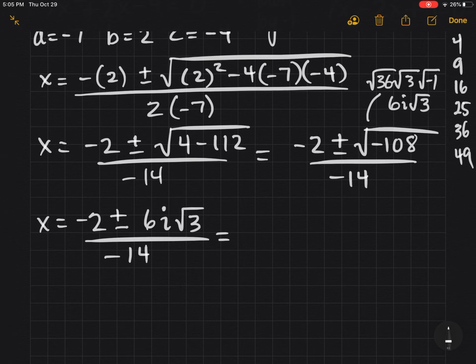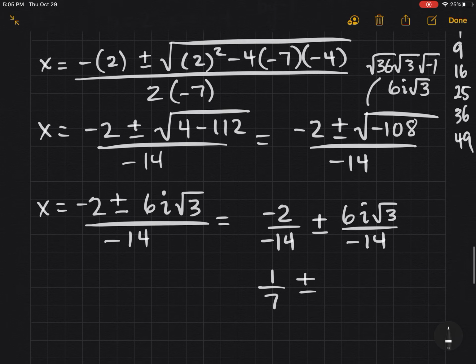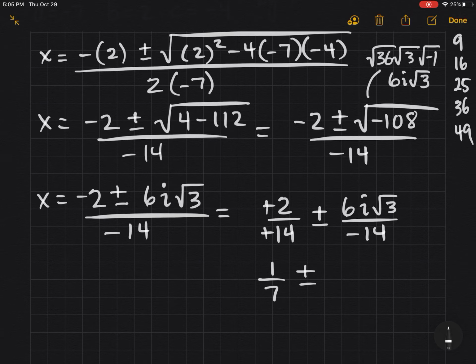I'm faced with reducing. Again, the safe way to reduce is to just split it up. So this first part reduces to 1/7. Negative over negative is positive. So that goes away.